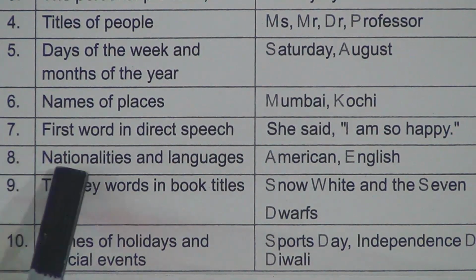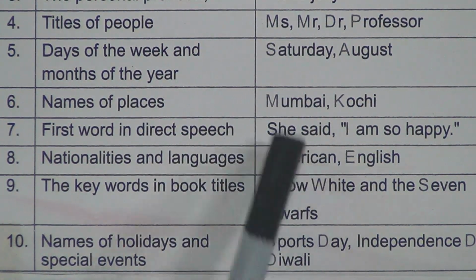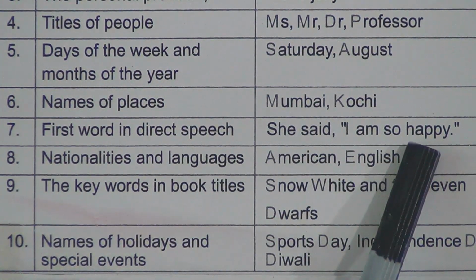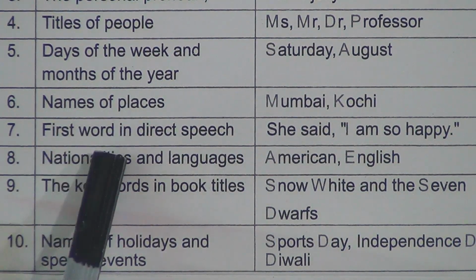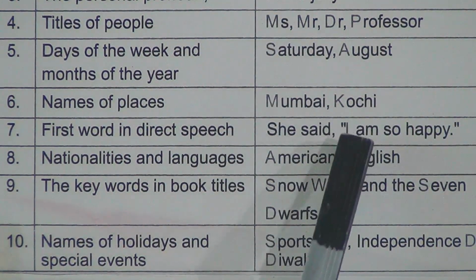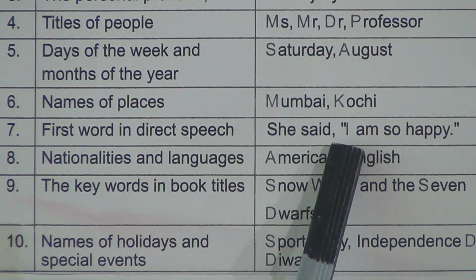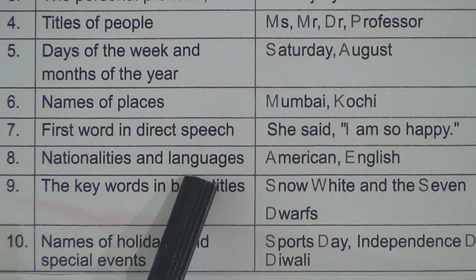Number 7, first word in direct speech. For example, we can say, She said, I am so happy. Look, we say first word in direct speech. So here we find the direct speech and the first word I. It's in capital letter. Number 8, nationalities and languages.